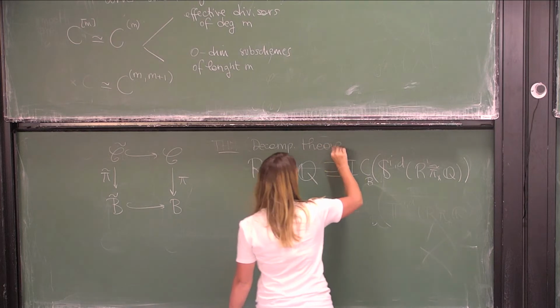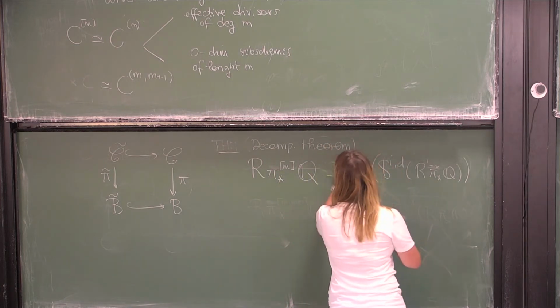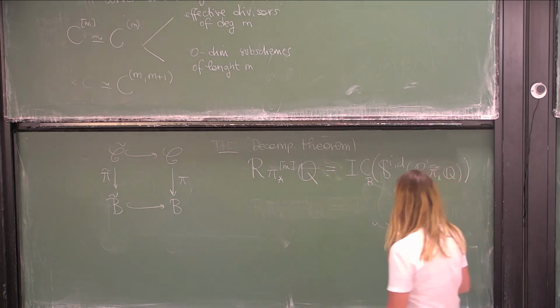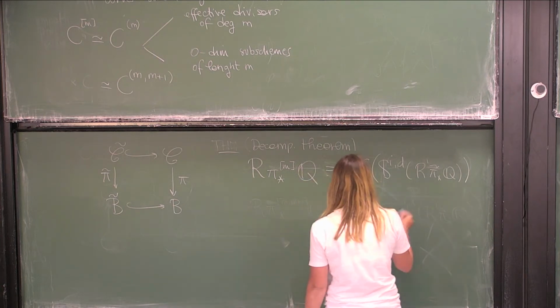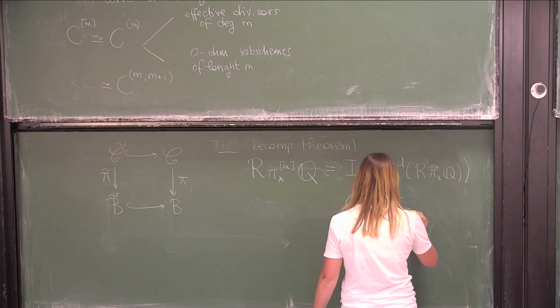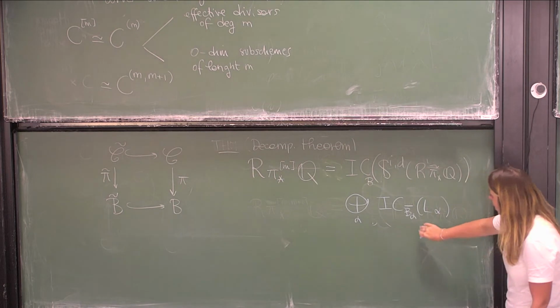And in this case, this theorem tells you that if you want to put equality here, then you might need to add some summands. Let me write it down. What do I mean here?